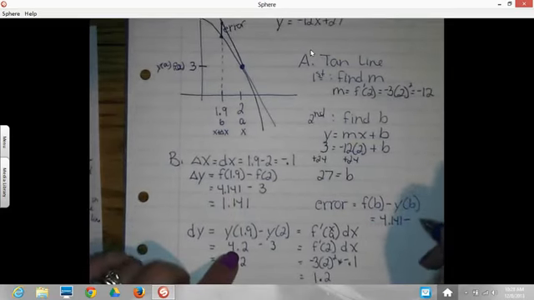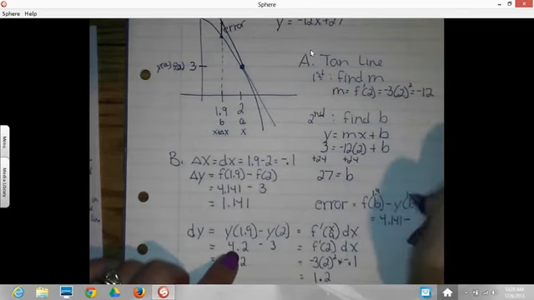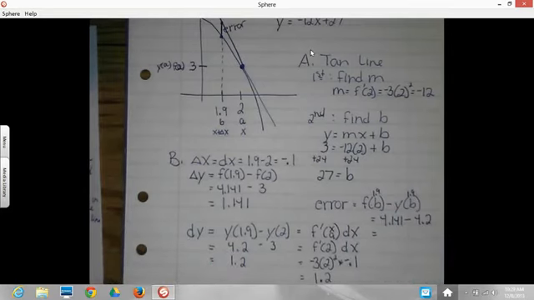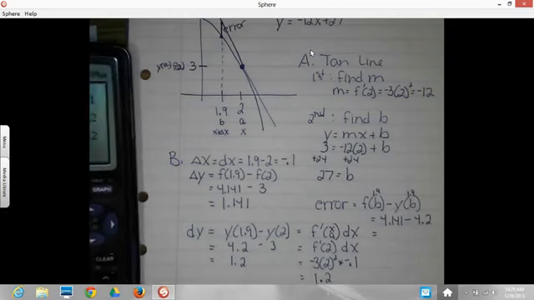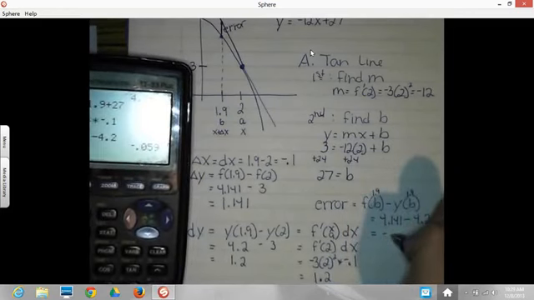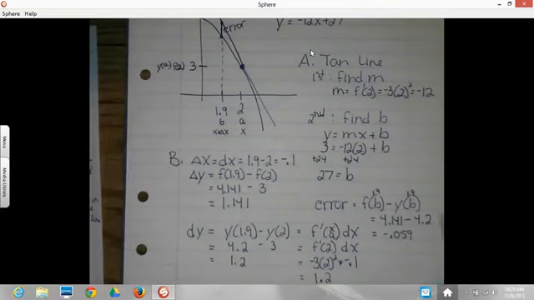That's putting the 1.9 into the original and into the tangent line. So our error came out 4.141 minus 4.2, negative 0.059. Must be indicating that the original function is lower than the tangent line with the negative there. Okay.